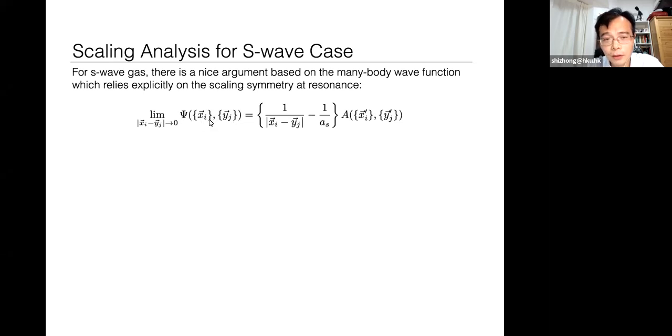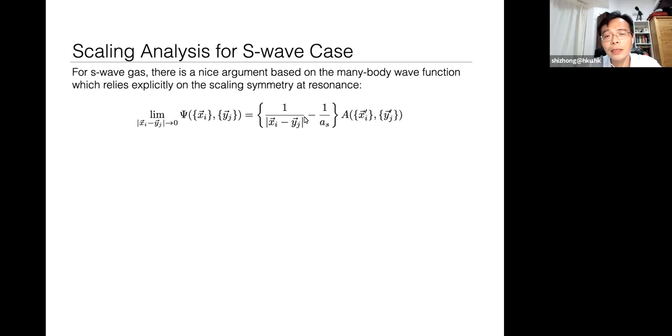Phi defines the many-body wave function of the system, x_i describes the spin-up and y_j describes the spin-down particles. For S-wave scattering, if you don't have effective range corrections and only have the 1 over a term, the scattering length, then one way of formulating the many-body problem is this: if I take any spin-up particle and any spin-down particle in this many-body wave function and move them close to each other, the wave function must have the asymptotic form 1 over the distance between these two particles, minus 1 over a, times some remaining part which is regular as a function of x_i minus y_j.